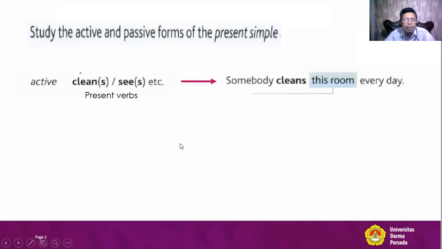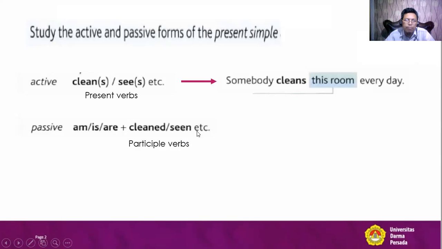Next, in the passive pattern or passive form, we don't have a present verb standing alone, but we have the combination of am, is, or are, plus cleaned, seen, etc. So we don't have present verbs, but what we have is the participle verb.